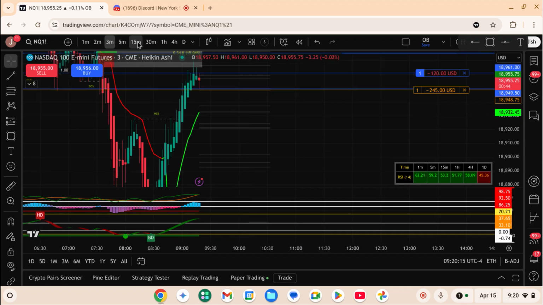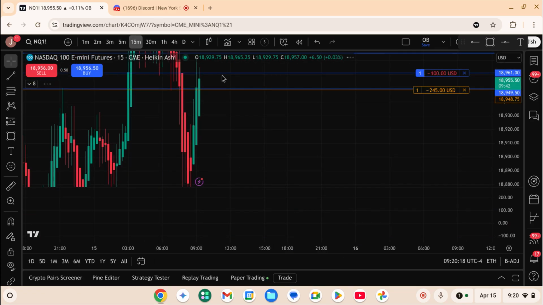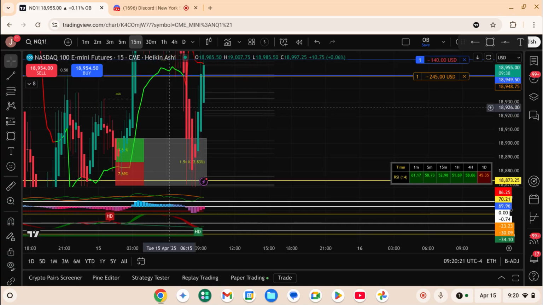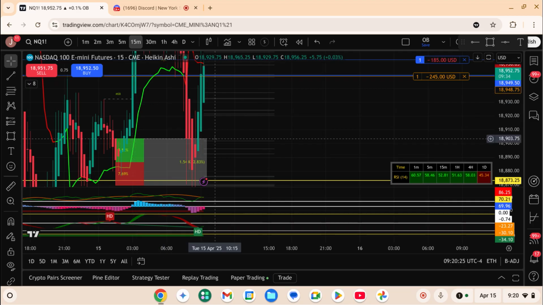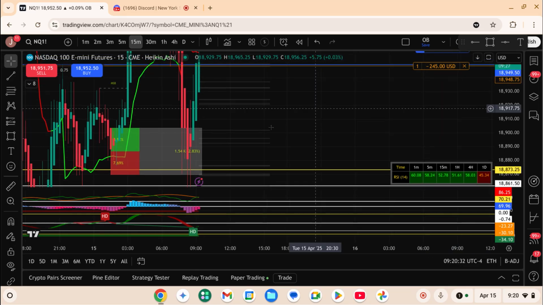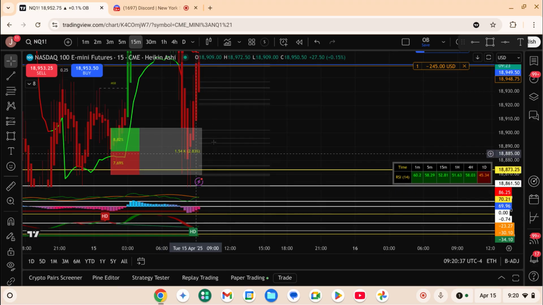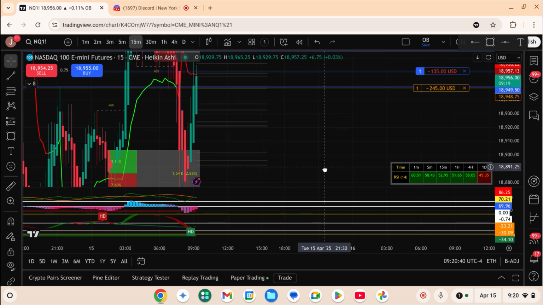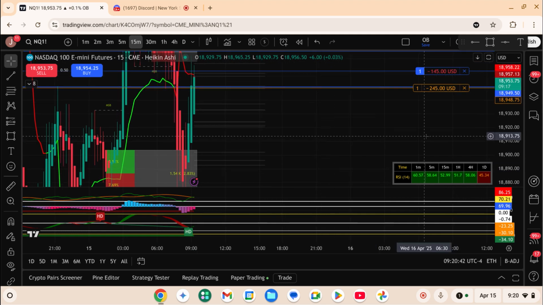Use the 15-minute. Yeah, and it looks like it's going to take this out, this whole order block here, if it closed below this 18,950.